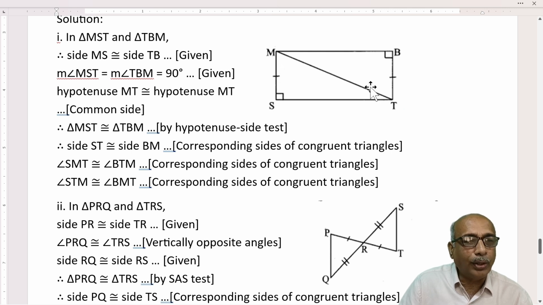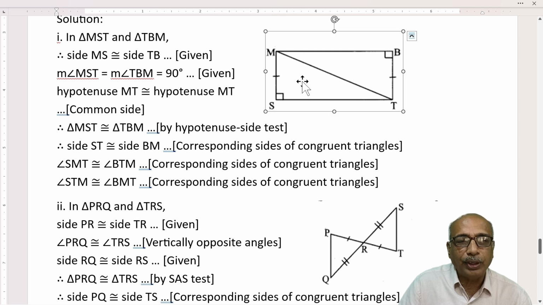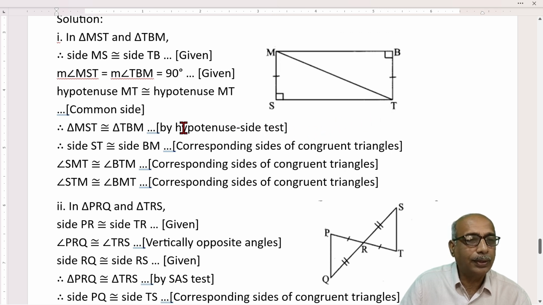MT congruent to MT, both are hypotenuse here. For this triangle, hypotenuse is MT, and for this triangle, hypotenuse is MT. So common side it is. Here given MT congruent to MT, common side.